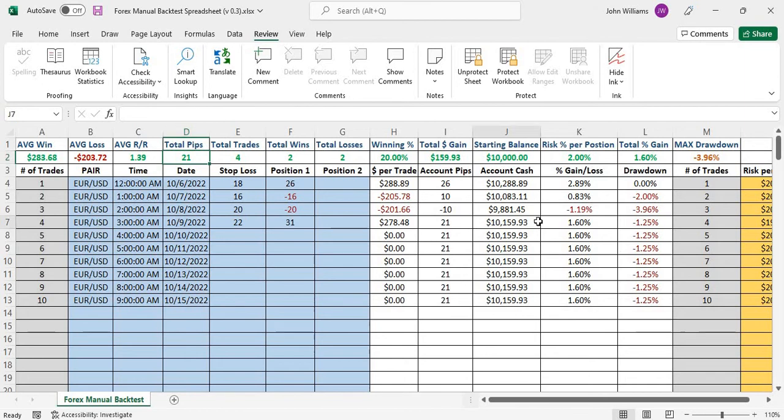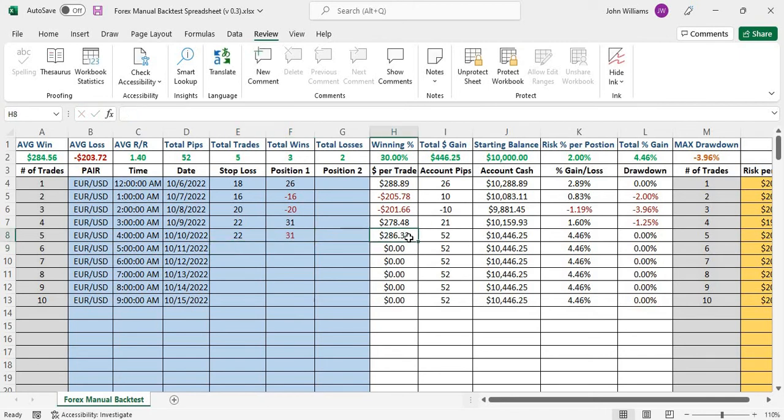Our account cash went back up for this fourth trade, so it went down for the second and the third trade, and it's back up now when compared to the third trade. All right. For fifth trade, I'm going to go with 22 as a stop loss, 31 again.